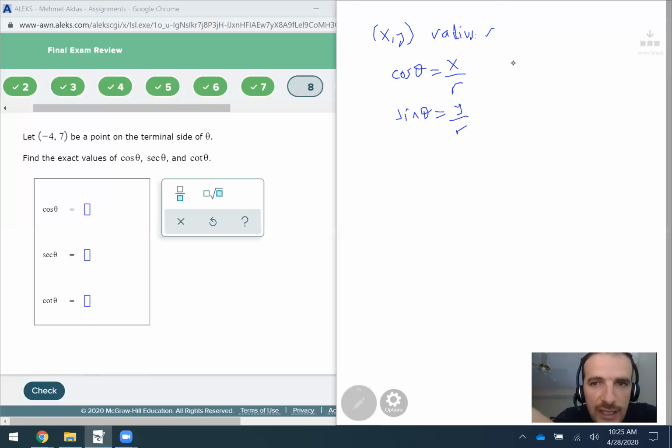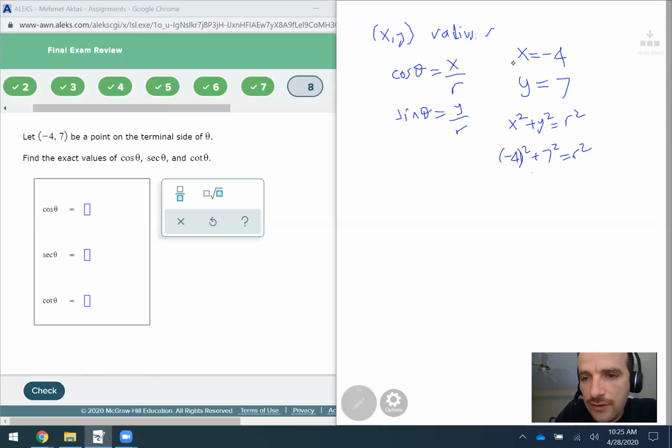Okay, so we have x equals -4, y equals 7. So how can I find r? From the Pythagorean theorem, right? X squared plus y squared is equal to r squared. -4 squared plus 7 squared is equal to r squared. -4 squared is 16, 7 squared is 49, so 16 plus 49 is 65, right? 65 is equal to r squared.